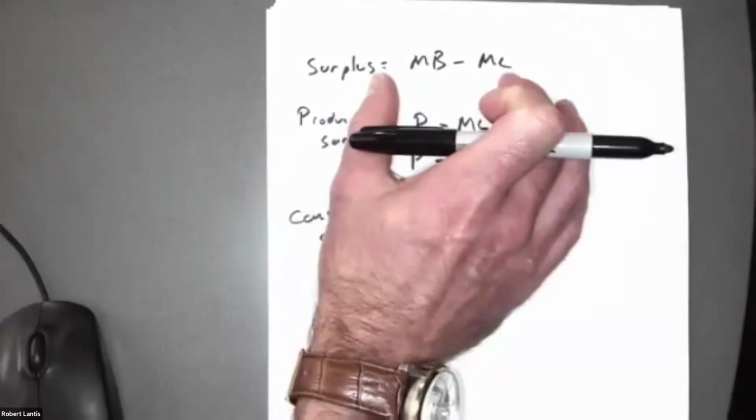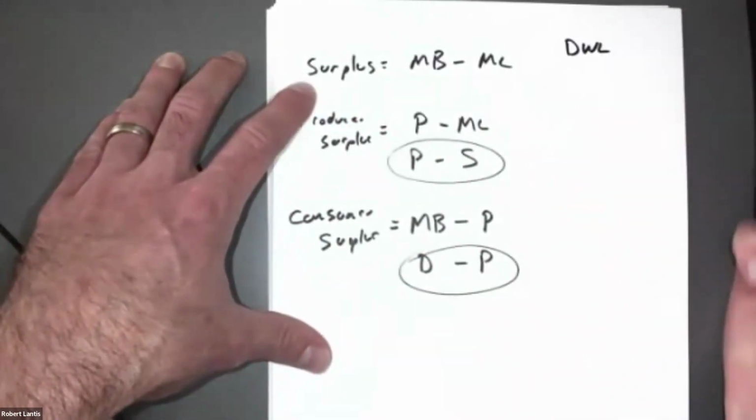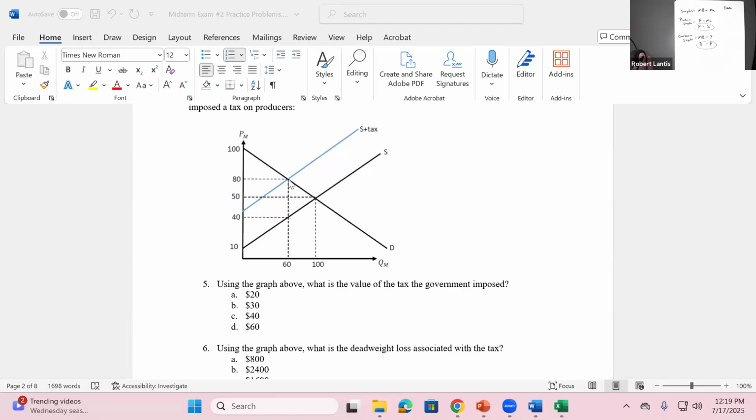But for the entire market, the surplus we're missing out on, or that would be our deadweight loss, is just going to be the difference between the marginal benefit represented by the demand curve and the marginal costs represented by the supply curve for all of those 40 units that we're no longer seeing produced. So it would be this triangle here. Height of that triangle is what?